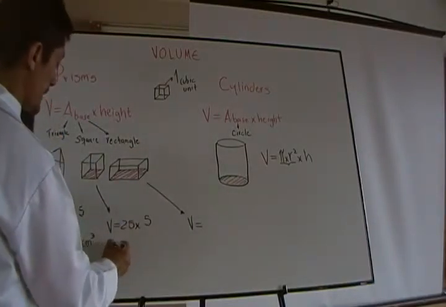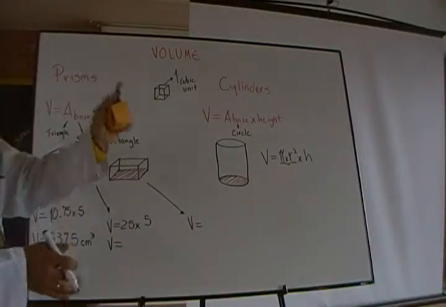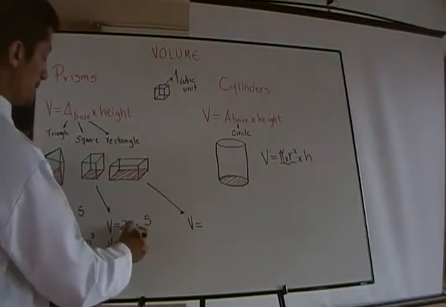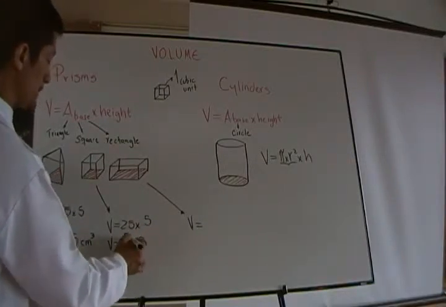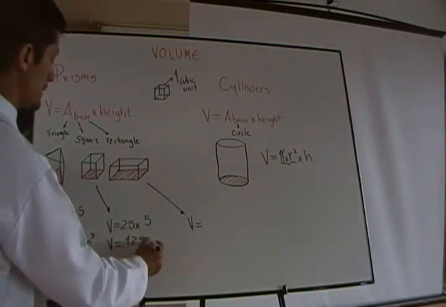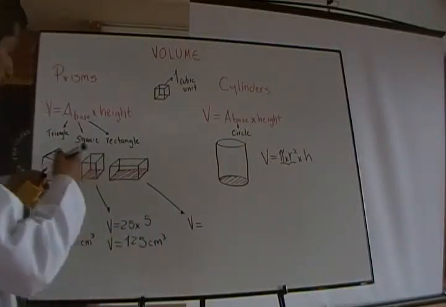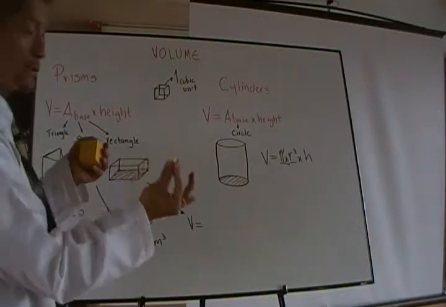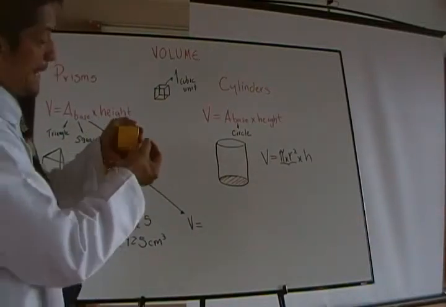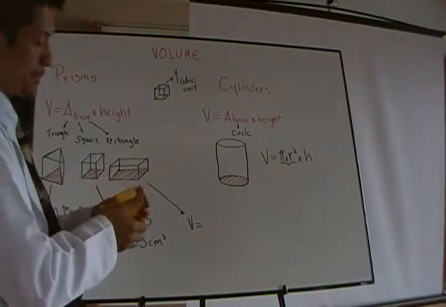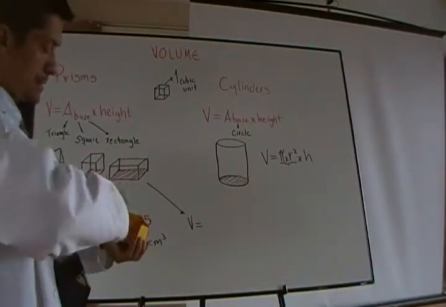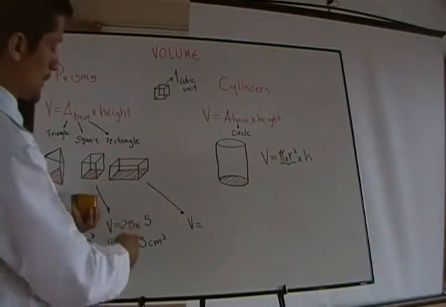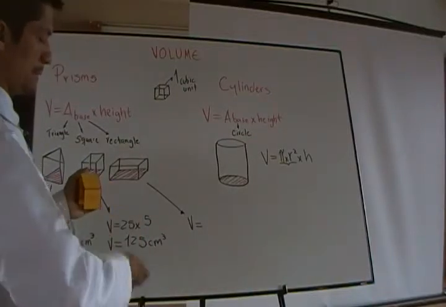So if I multiply, I will find that for this specific example that we completed in class, the volume is going to be 5 times 5, 25, carry 2, 125 cubic centimeters. So that's the equivalent of putting together 125 of these cubic centimeters into this figure. So pretty much like a box, if I start organizing all the cubes inside, I will get 125 of these ones.